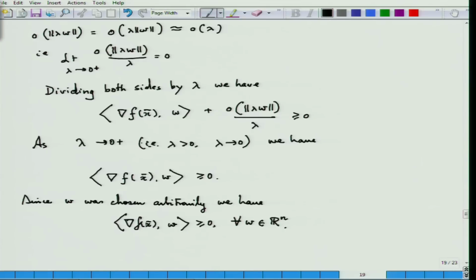So, once this is known, now put w equal to the negative of grad f of x bar.